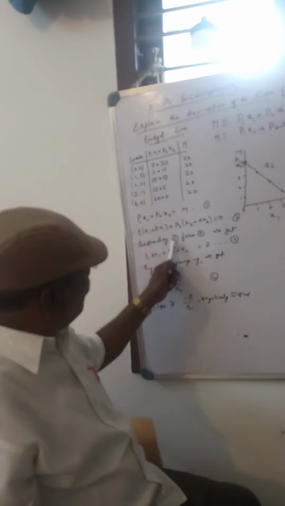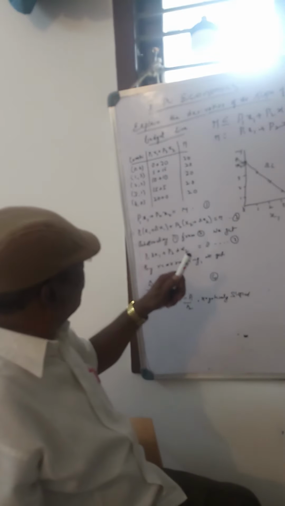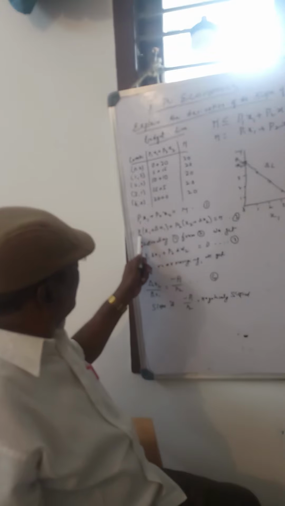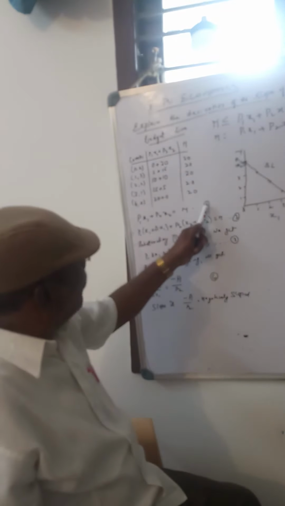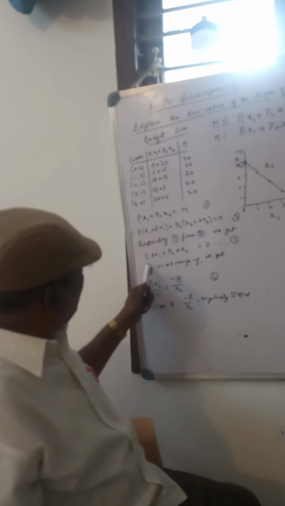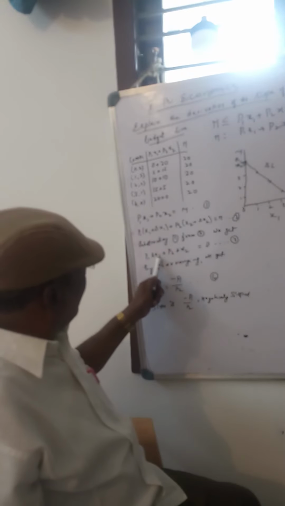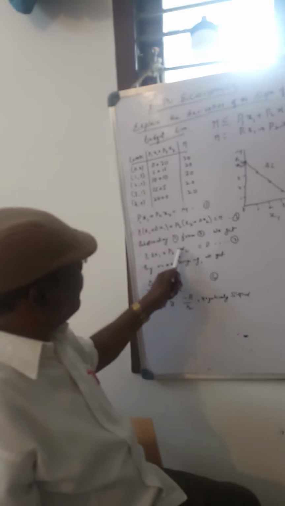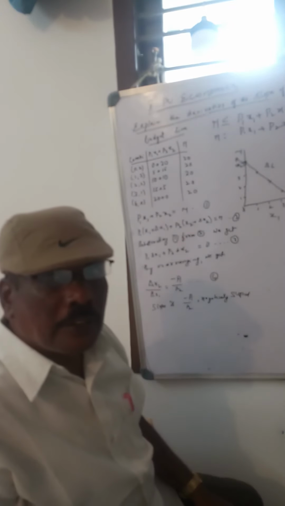Subtracting 1 from 2, you take out P1 X1 and P2 X2, and we get P1 delta X1 plus P2 delta X2 is equal to 0. That's equation number 3.